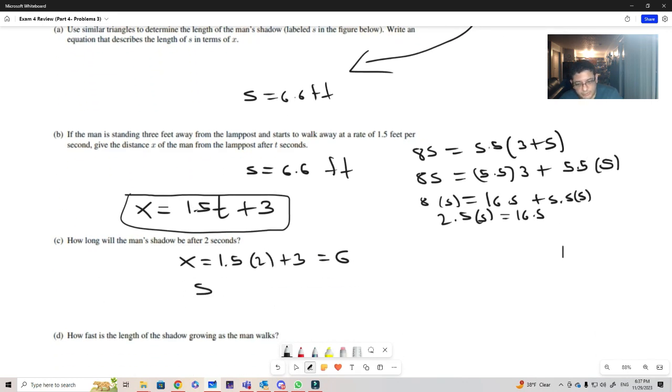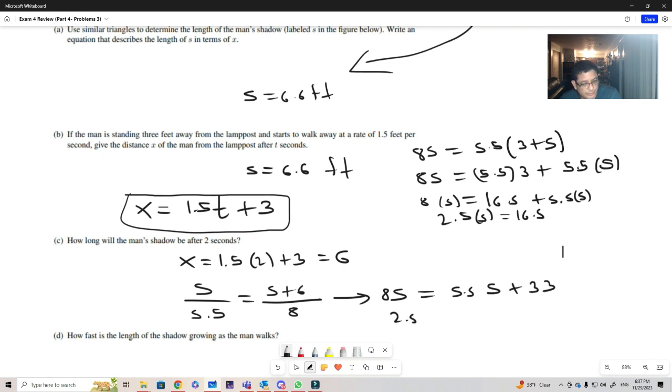So we use s over x. 5.5 equals x plus 6 over 8. And so if we solve here, you're going to find out that 8s is 5.5s plus 33. And then solving a little bit more, 2.5s equals 33. And that implies that s is going to be 13.2 feet.